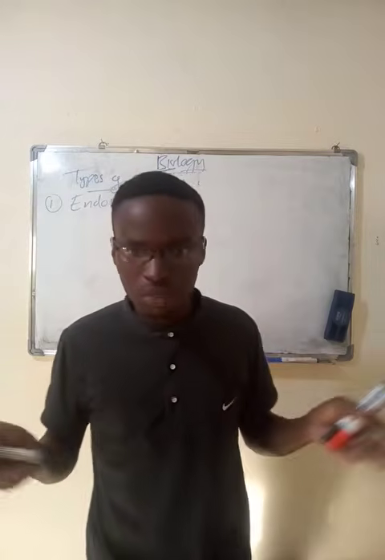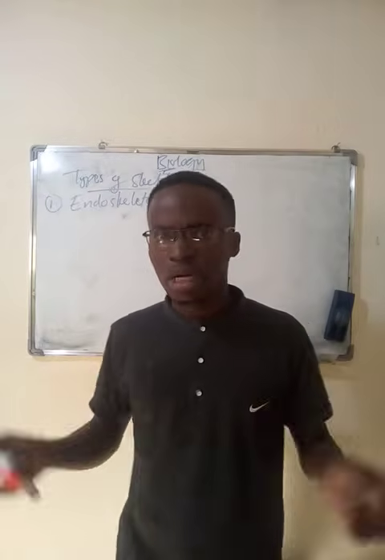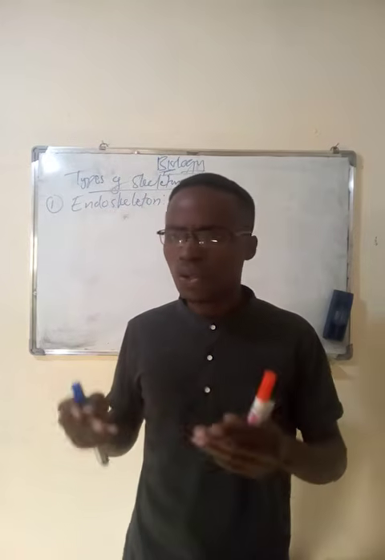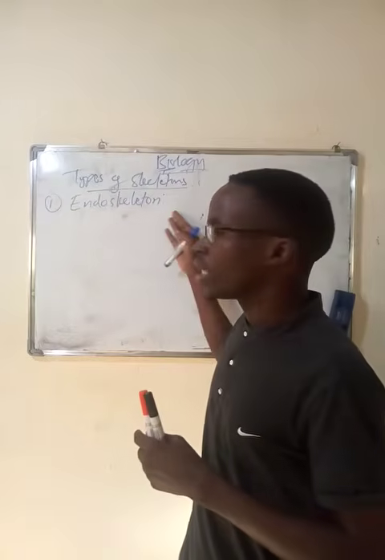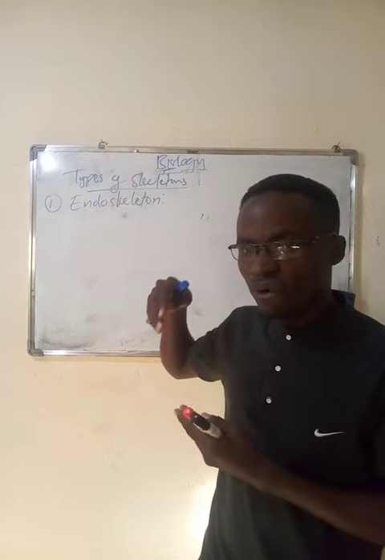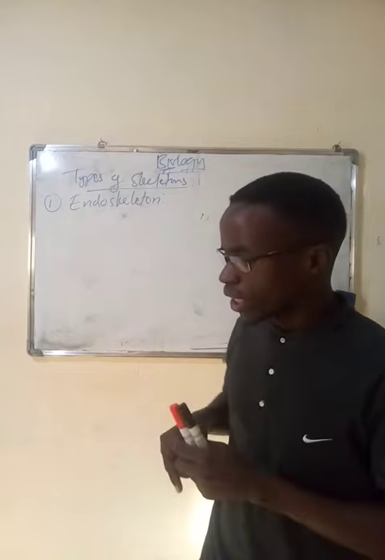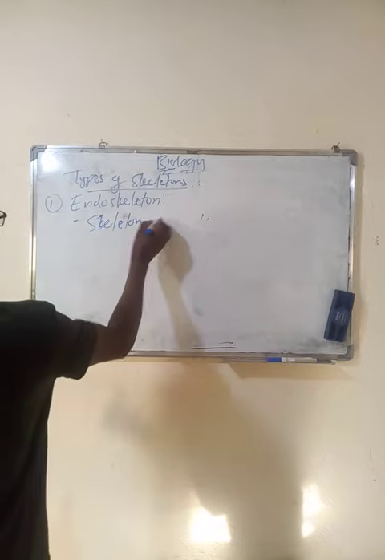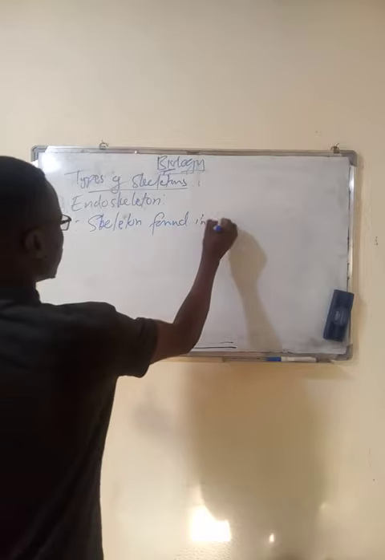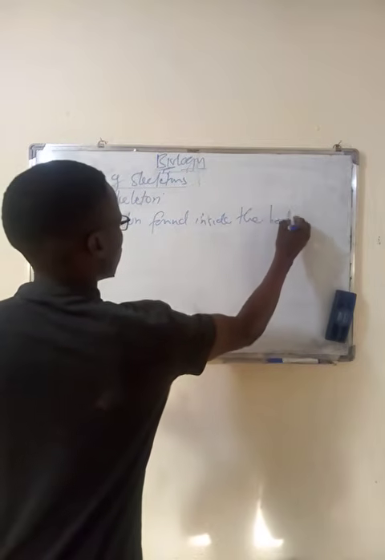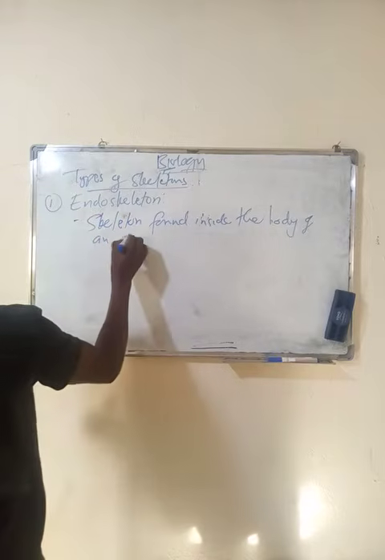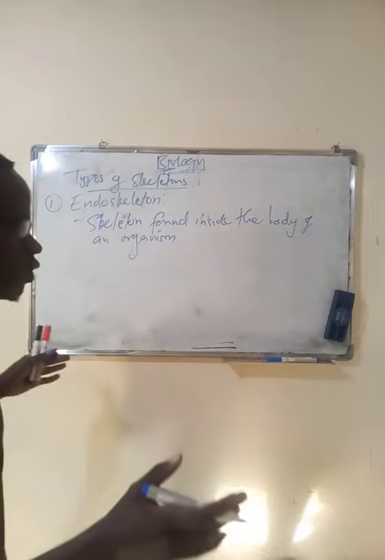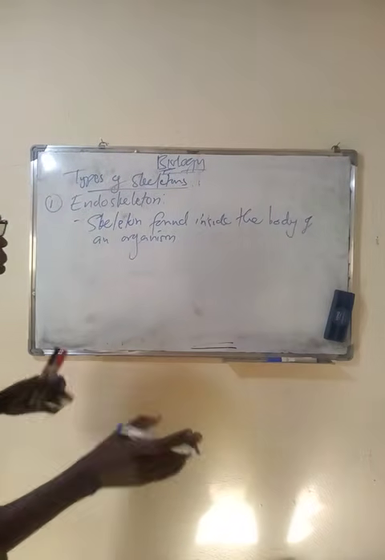For example, human beings, or even other vertebrates, like human beings and other animals, you have the endoskeleton. So the skeleton is found inside the body of an organism. Obviously, when we say found inside, it means that the skeleton is covered with flesh, with skin, and so on, right?